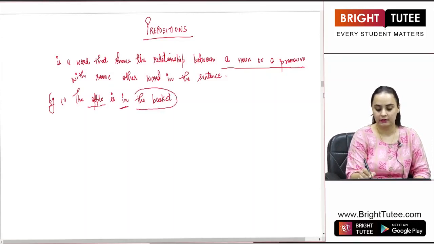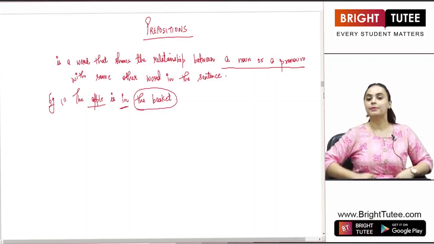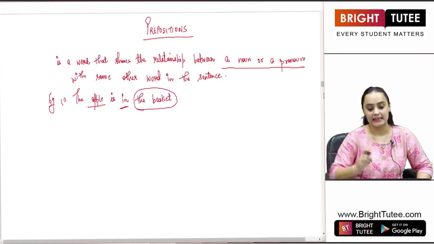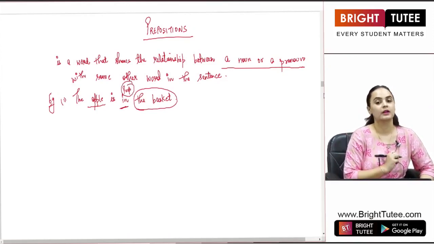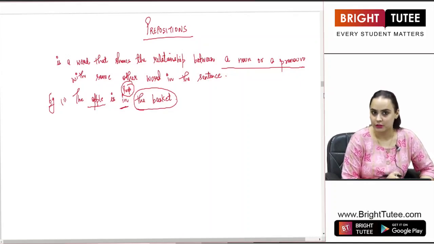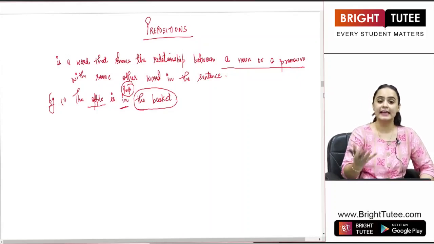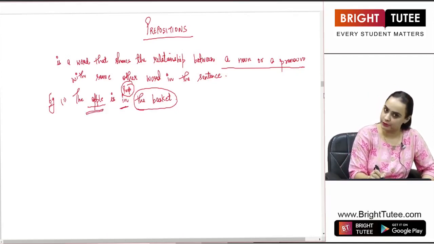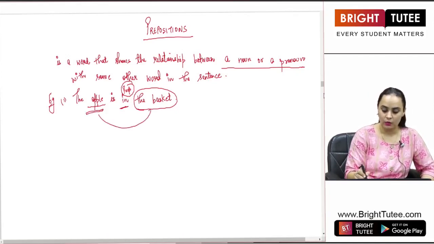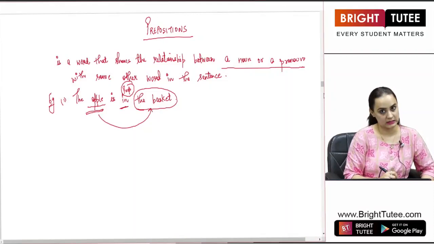In where? The basket. My preposition, which is in. This is the preposition which is telling us about the relationship between apple, which is my noun, with the basket.